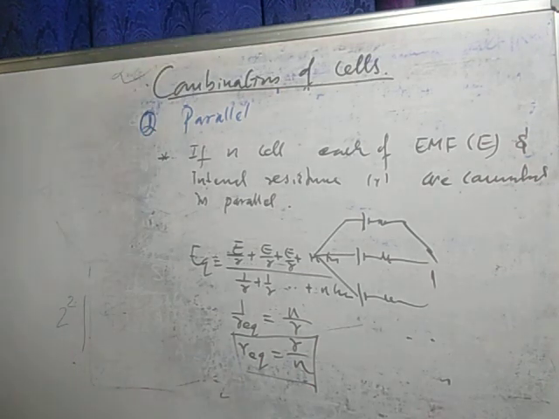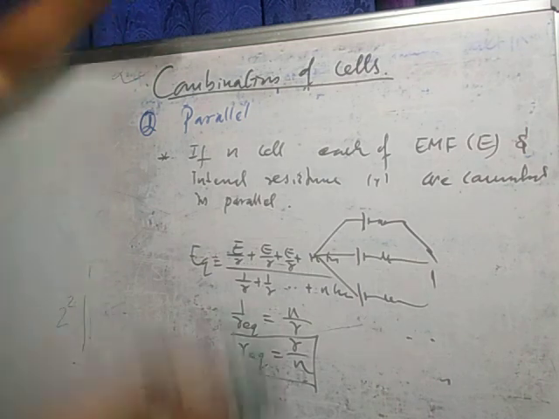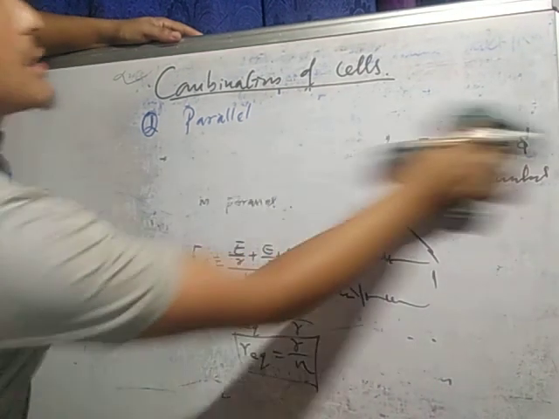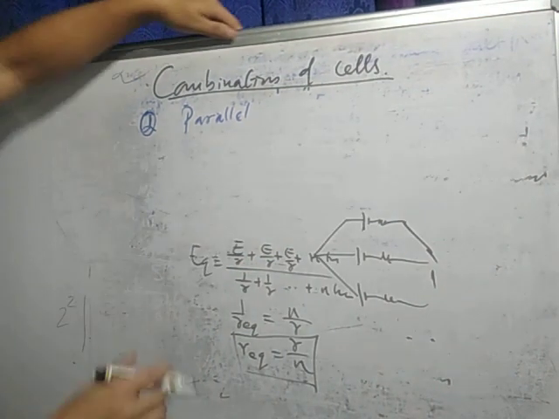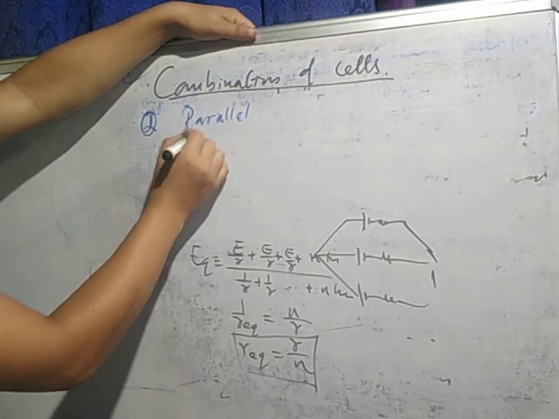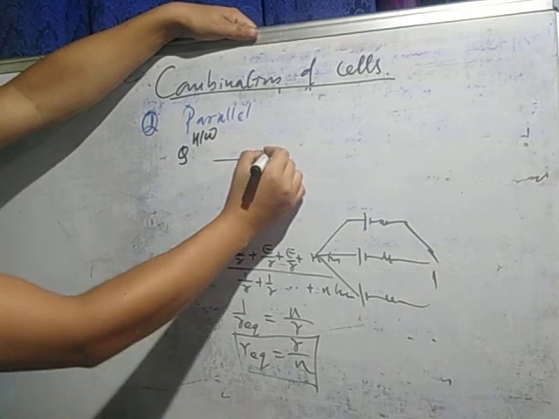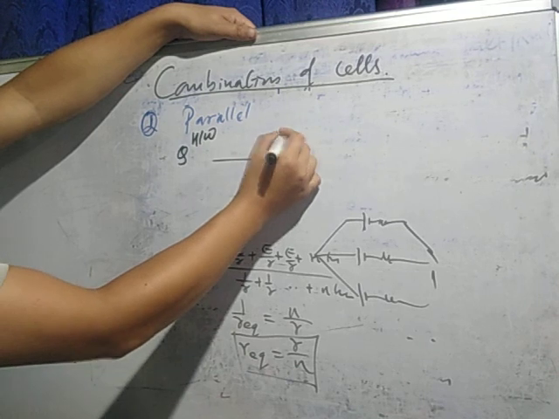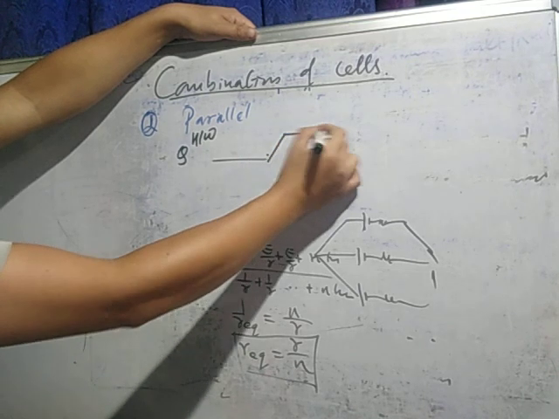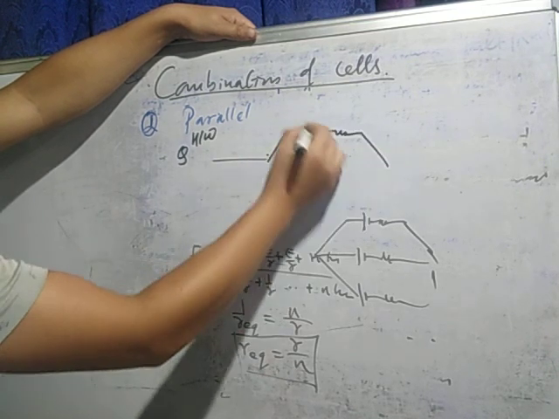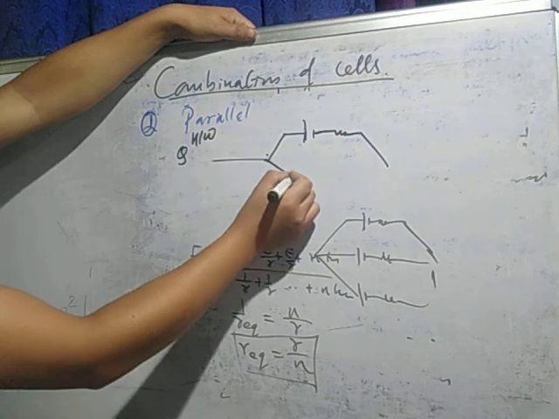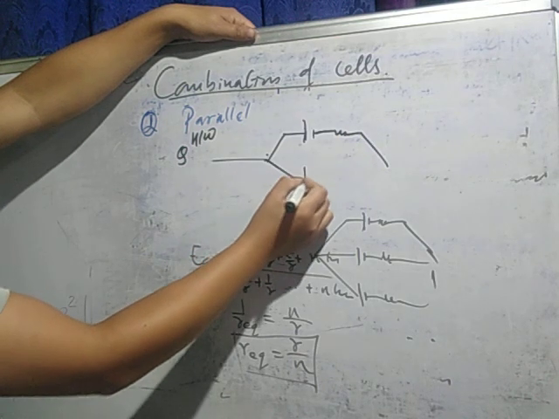So do one question. Then we'll do mixed combination tomorrow. Okay. So write down the homework question. So this is your question. So this is a long one, a short one.